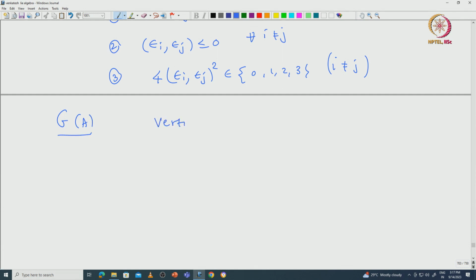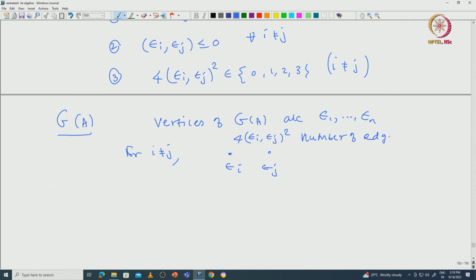The vertices of G of A are nothing but epsilon 1 etcetera epsilon n, and then for i not equal to j, you draw exactly 4 times (epsilon i, epsilon j) squared number of edges between these two vectors, or the vertices.